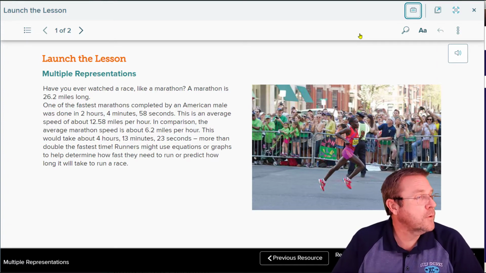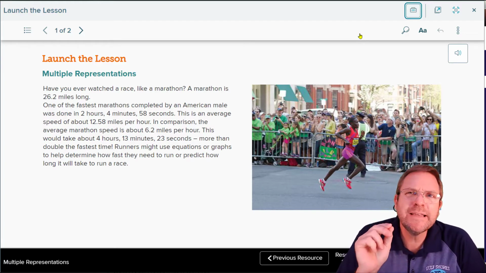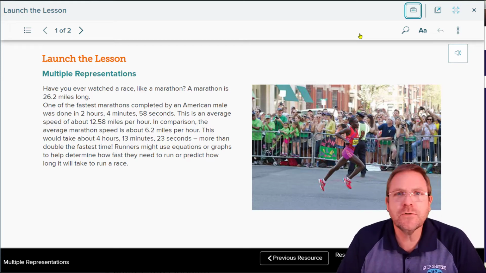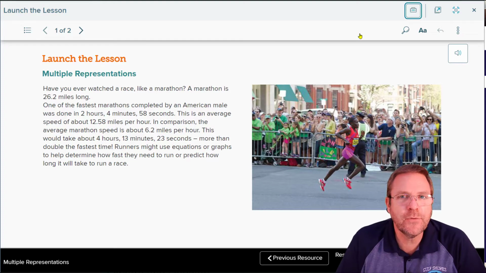Lest I have digressed, though, one of the fastest marathons completed by an African male was done in 2 hours, 4 minutes, 58 seconds. He ran 26 miles in just over 2 hours. That's an average speed of like 13 miles per hour running.